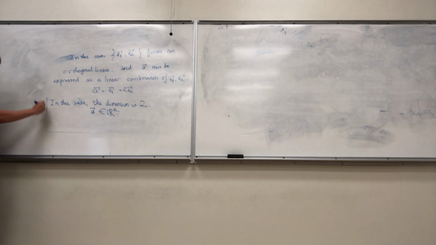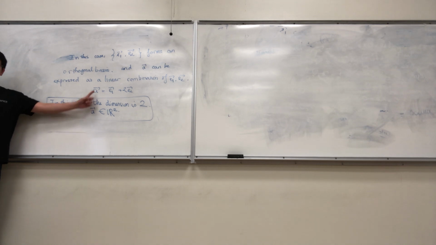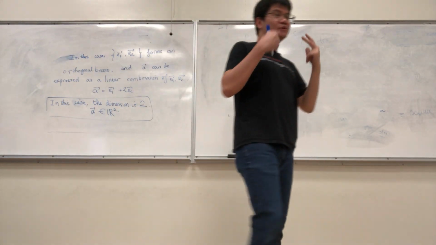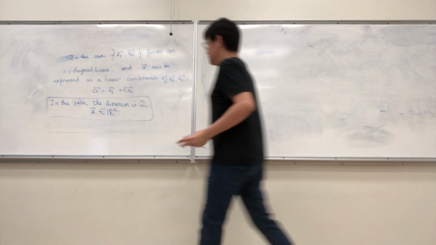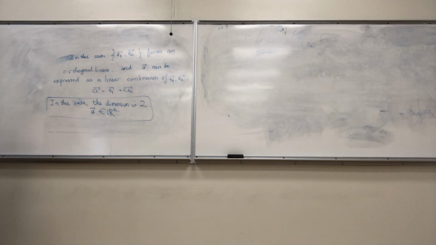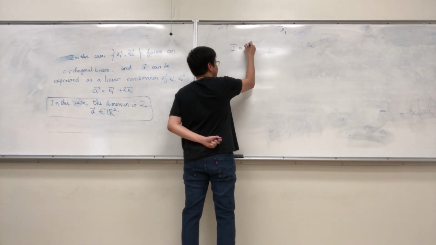So this is another notation that we need to recall, because here the vector A has two components, right? Well, 1 and 2. So we say that the dimension is 2, and A belongs to R2. Is it clear? Questions?